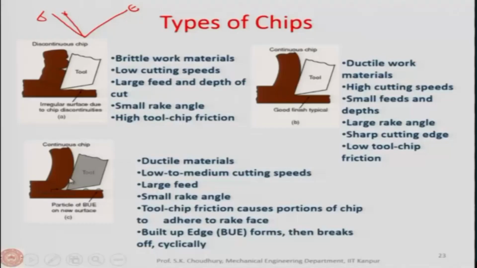As they get welded, this will restrict the flow of the chip along the rake face of the tool, because it is welded. So, it will resist the flow of the chip. Therefore, the chip will not be able to flow and it will pile up.